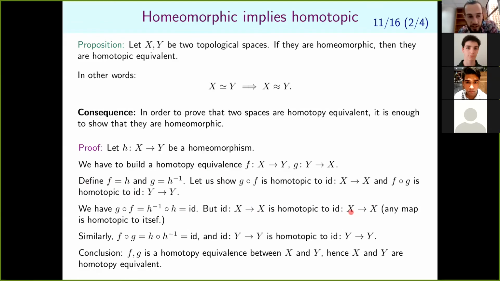In the other direction, FG is H H inverse. It's also the identity between Y and Y, and this is homotopic to the identity. Conclusion, the pair of maps F, G is a homotopy equivalence between X and Y. And we deduce that X and Y are homotopy equivalent.